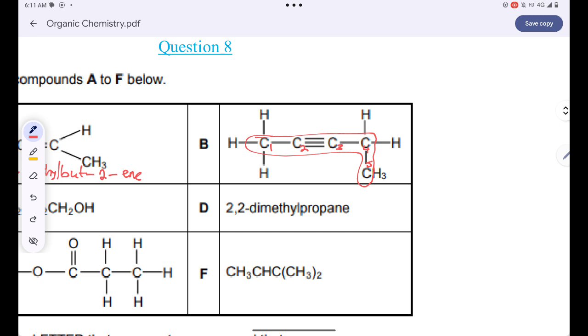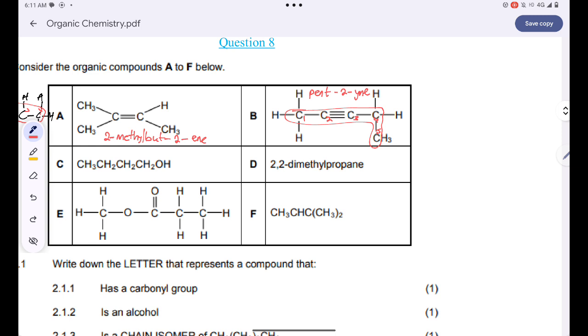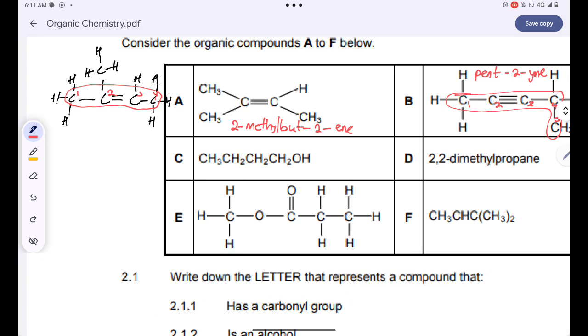So whenever I name this hydrocarbon, I'll simply say pent. The prefix will be pent since I have 5 carbons. It's pent-2-yne. The suffix will be yne since I'm dealing with an alkyne.